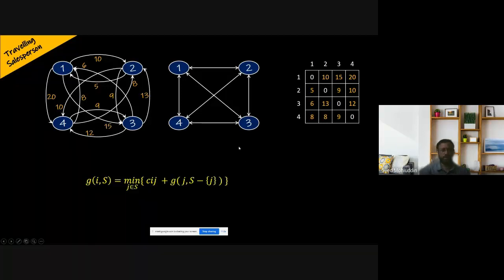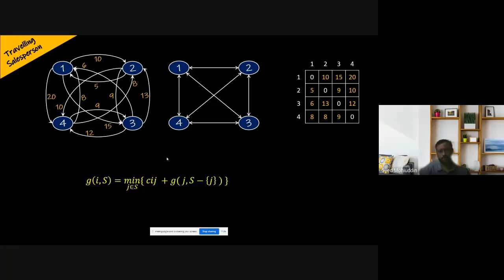Now, since this problem is a minimization problem, we need to find the cost of visiting every vertex and coming back to the starting vertex. So we say the cost of the graph is the minimum cost it takes to visit all the vertices.